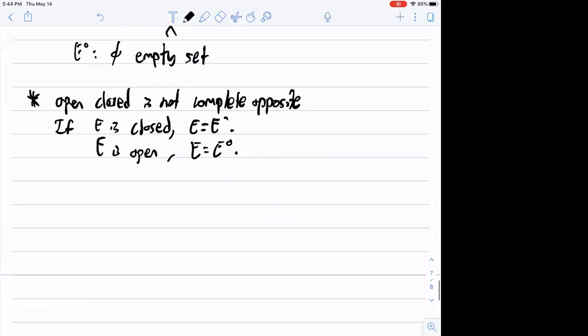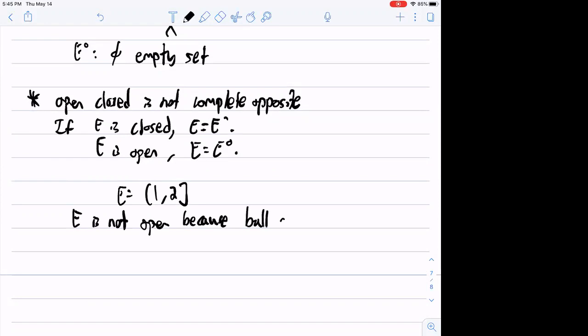And an easier example is E equals (1, 2]. So E is not open, right? Because a ball around 2 leaves the set, because you'll have values bigger than 2.